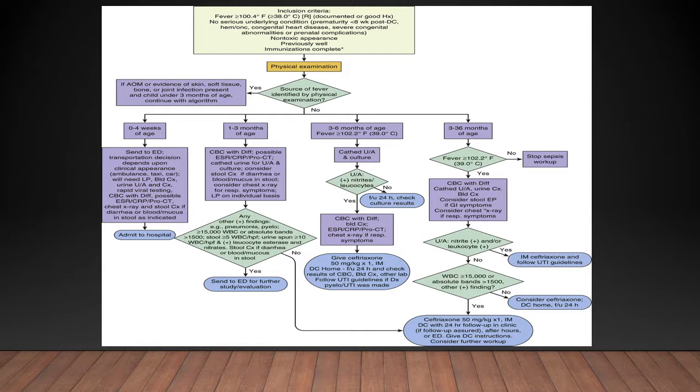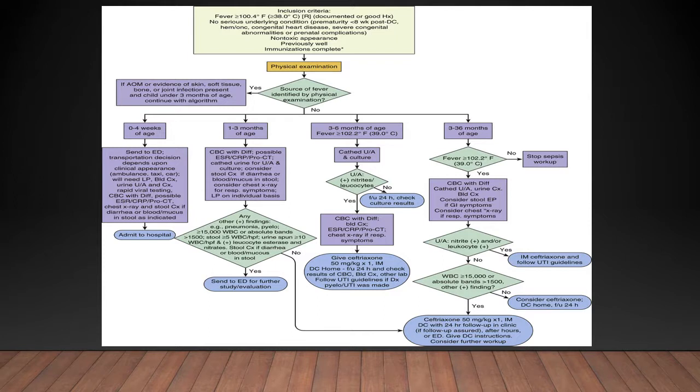So this is, again, a good tool to keep handy with you when you're beginning your practice, so that you can refer to it when you are examining children who are febrile. And again, the criteria to use this algorithm means that the fever has to be greater than or equal to 100.4 or documented by history.